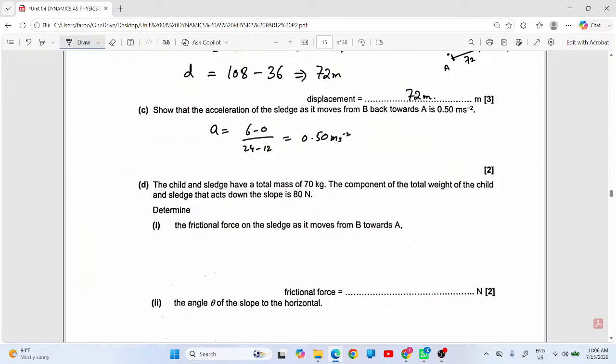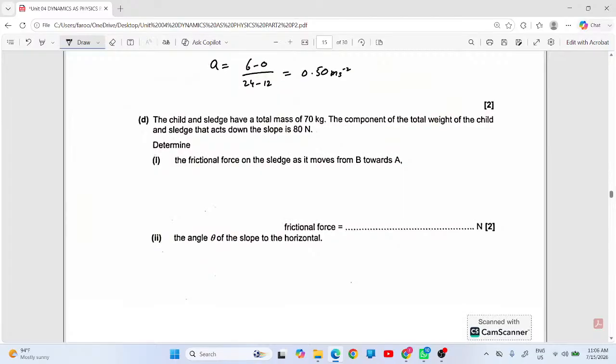The child and sledge has total mass of 70. Component of the total weight of the child and the sledge that acts downward is 80.